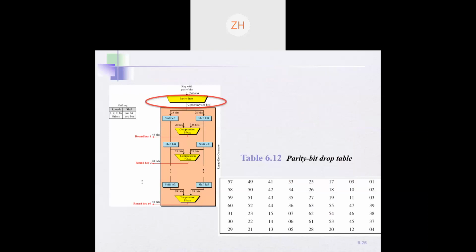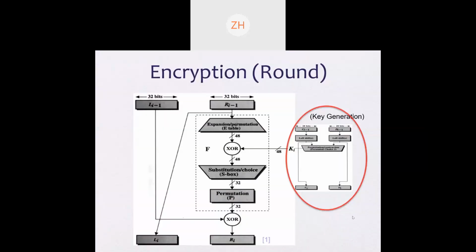So can I go to the key generation algorithm of DES? I want to go to the key generation. So just now we just manipulated the left hand side. Now we go for the key generation.